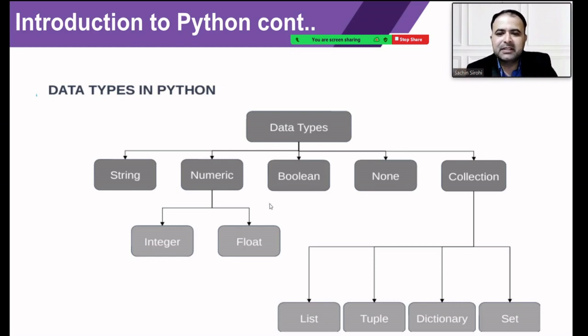You can check: the value can be string type, numeric like 0, 1, boolean like true and false, none, and collections. With collections, we basically want to store multiple values, and they can be list, tuple, dictionary, or set. I will discuss all these one by one in today's class, and the string and numeric types I have discussed earlier.